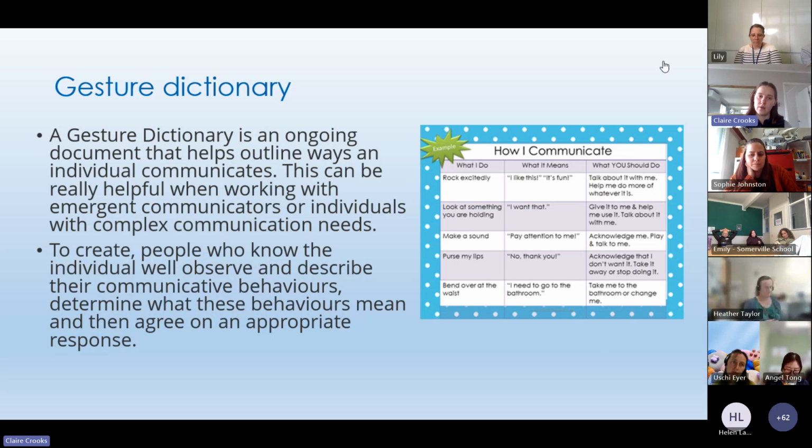Also really helpful for our complex communicators. How you do it is you just get someone who knows them really, really well, observe them, and then you pop down the behavior, what it means, and what someone should do as a result of that. So really great for teacher aides or new support teams who don't know the communicator but will need to pick up these bits and pieces.